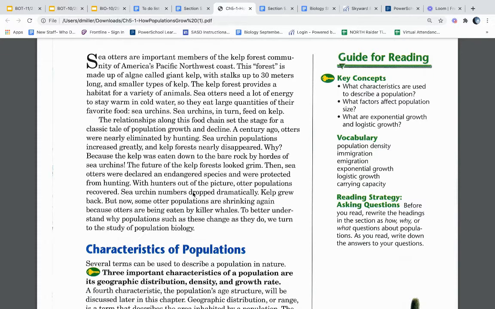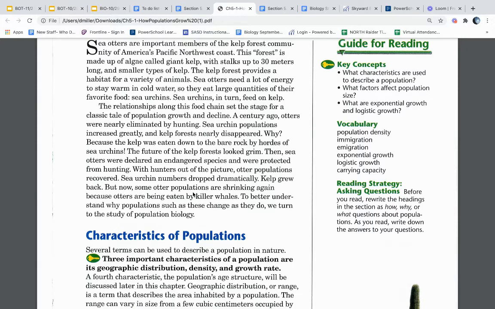With hunters out of the picture, otter populations recovered. Sea urchin numbers dropped dramatically. Kelp grew back. But now some otter populations are shrinking again because otters are being killed or being eaten by killer whales.